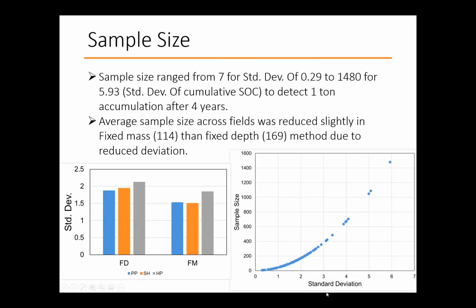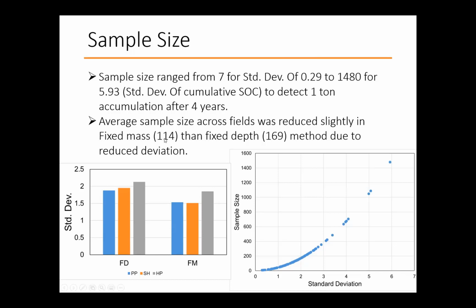This is sample size, this is standard deviation, and it ranged from 7 samples for a standard deviation of 0.29 to about 1,480 samples for a standard deviation of 6 in our first sampling. So it reflects the uniformity of the field and the number of samples we need within that 3-meter radius circle to detect a change.